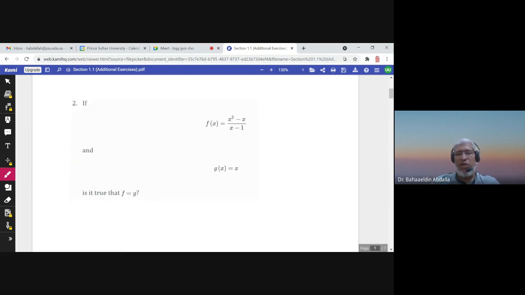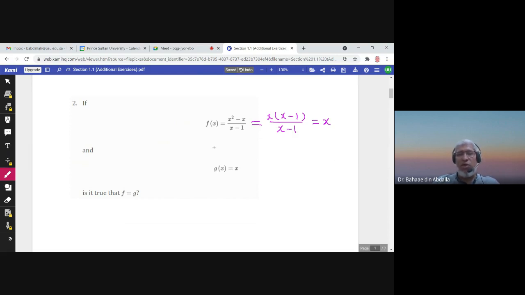The same question here. This is a function f and this is a function g. And is it true that f equals g? Of course, the two functions are different, but if you factor the numerator here, if you take x as a common factor and divide by x minus 1, you notice that you can cancel x minus 1 with x minus 1 and you get x.